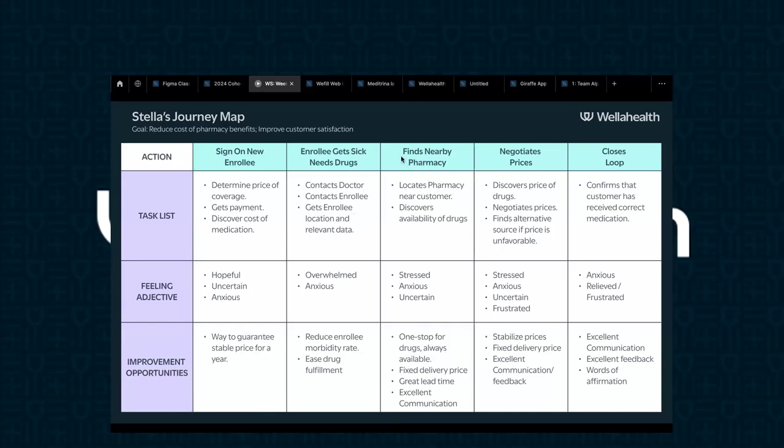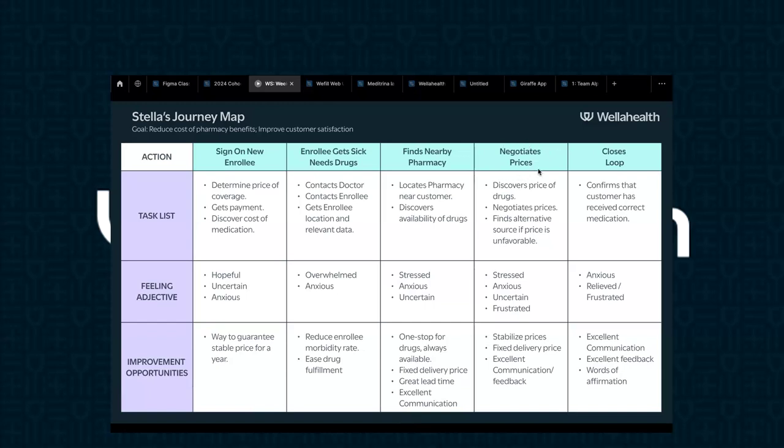Then she goes ahead to find pharmacies that are nearby to the user. So the task list that she needs to do is, one, she locates the pharmacy near to the user and discovers availability of drugs. Again, are there ways that we can solve this for her, to make this process either faster or remove the necessity for her altogether?